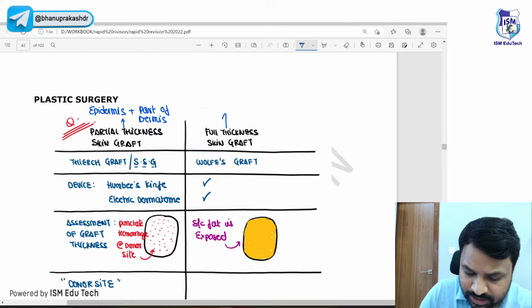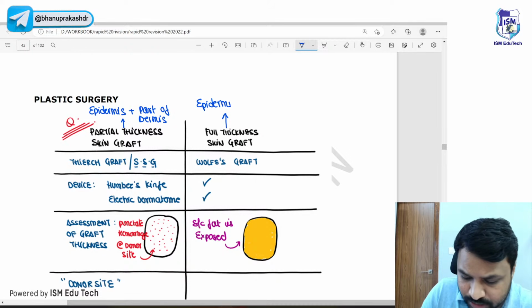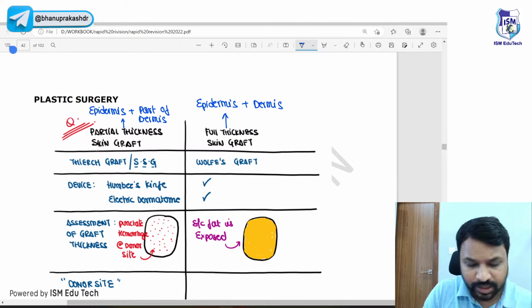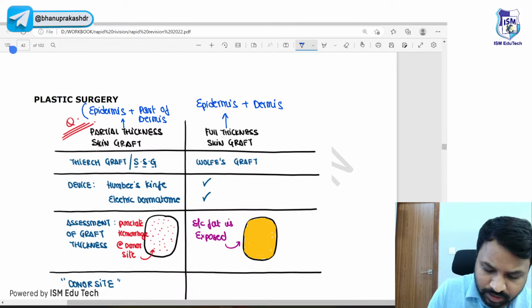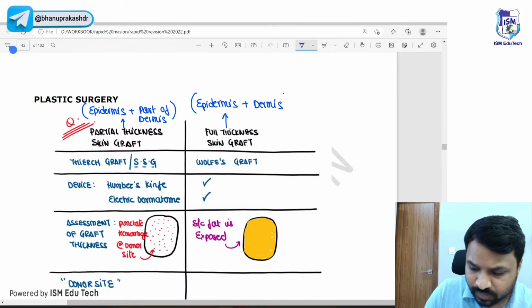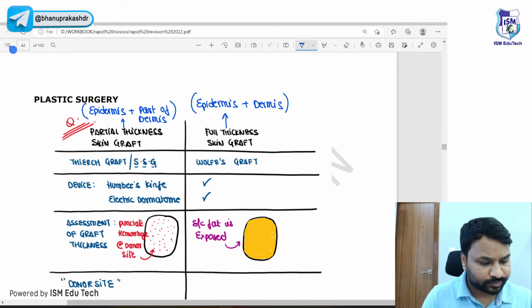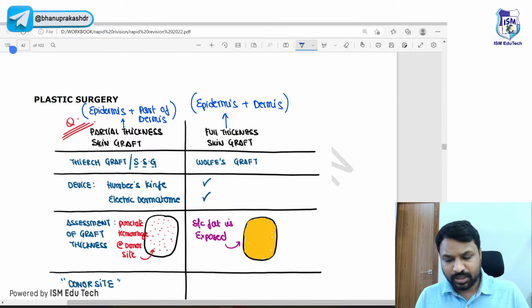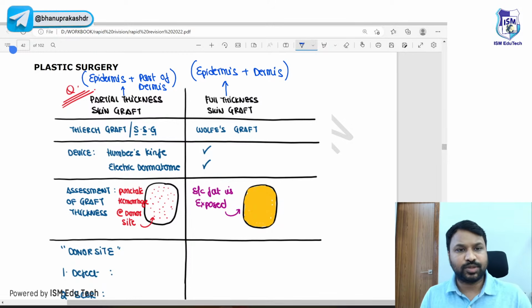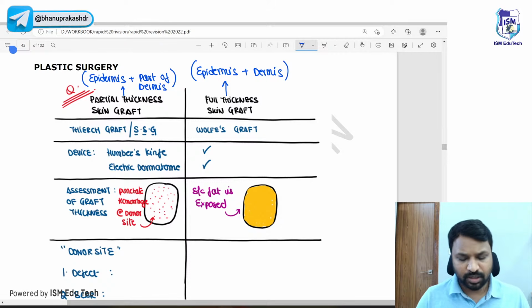In a full thickness graft, I will take the entire epidermis, along with the full thickness dermis, right? So we have the epidermis and the dermis as the full thickness, and in partial thickness only the epidermis and a part of the dermis is taken along with it.